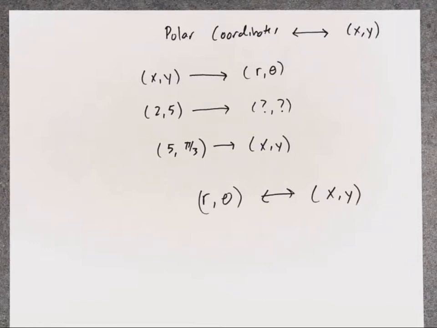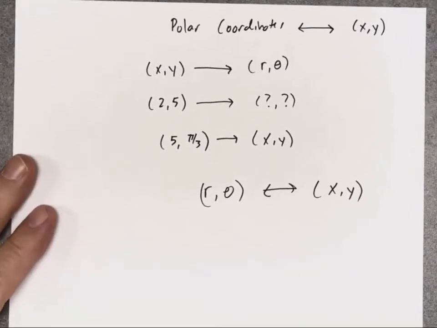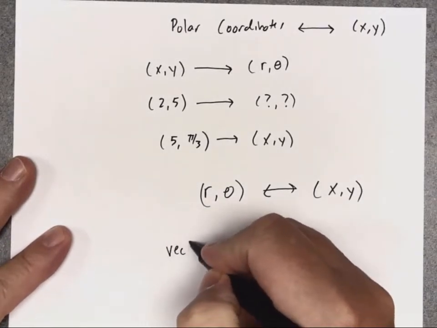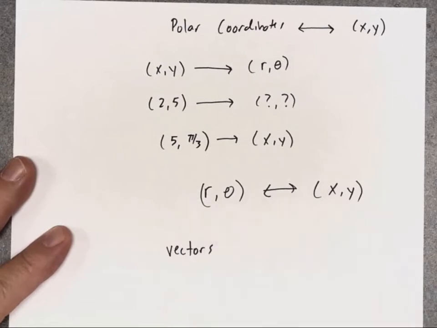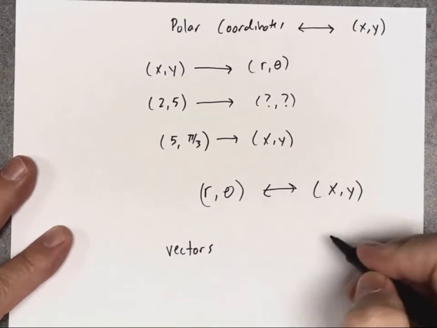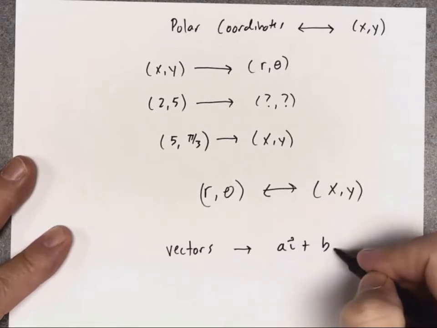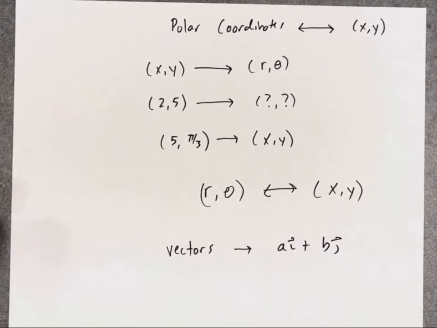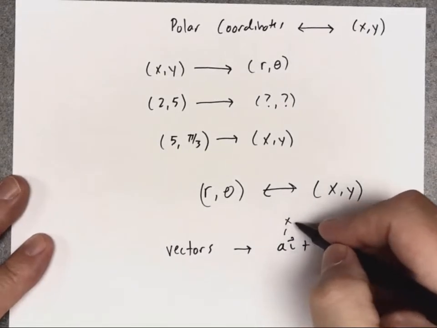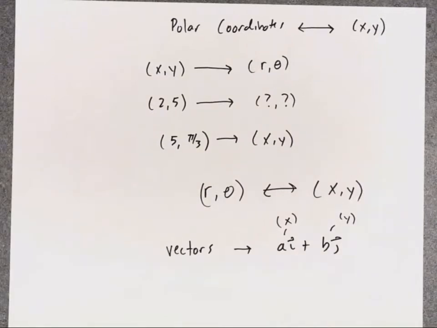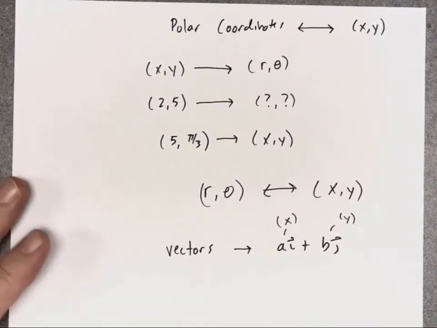In a few minutes, when you look at the little formulas and definitions, it's going to look familiar, and that's because a while ago, when we did vectors, we wrote vectors in the ij, and remember the i you can think of as the x, and the j is like the y direction. And you know what we did?